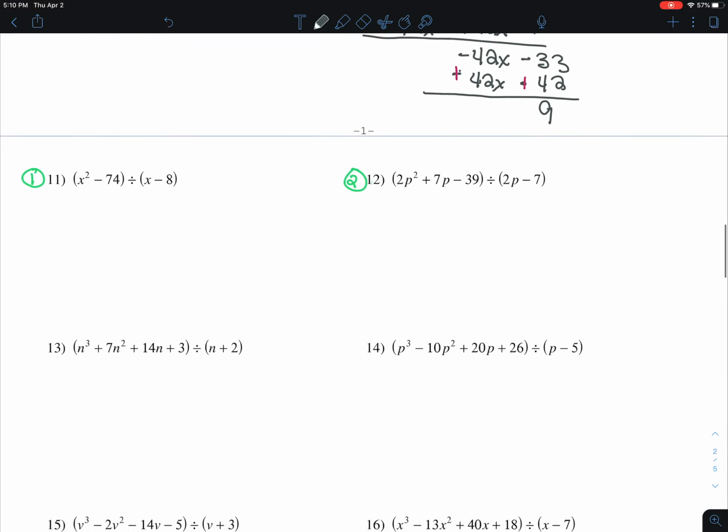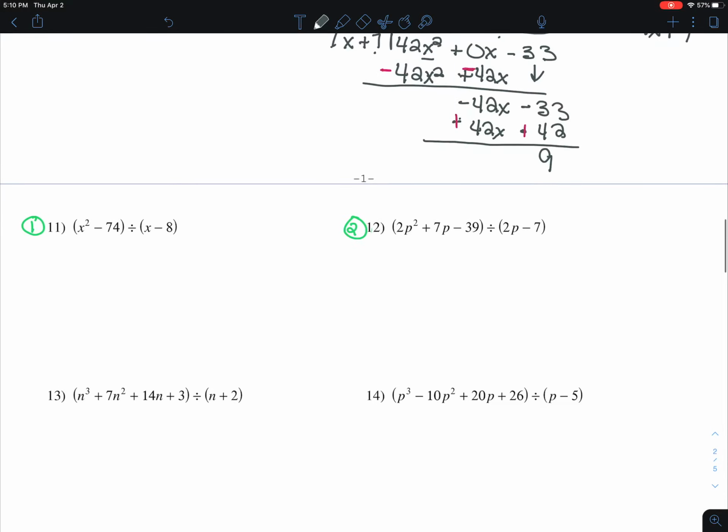I've done a couple examples, and I would like to give you an opportunity to do a couple examples. So I want you to pause the video, and I would like for you to do problems 11 and 12. Remember in problem 11, you have a term missing, so you have to replace that with 0x. So pause the video and come back in a second, and I'll show you the answer.